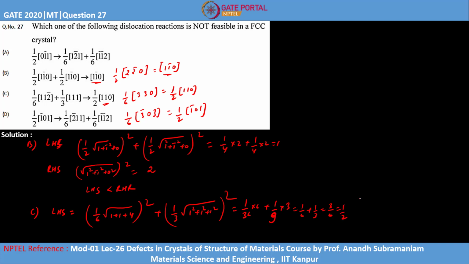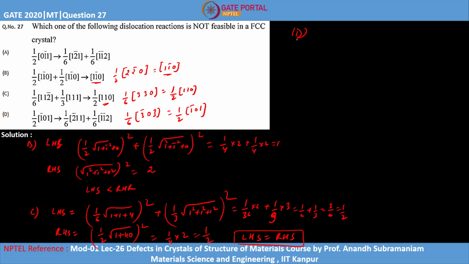And that is 1 upon 2. So for LHS we got 1 upon 2, right? And if you see the RHS, it will be 1 by 2 under root 1 square will give you 1, and 0 square will give you 0, and to the whole square. So it will be equal to 1 upon 4 into 2, which is 1 upon 2. So LHS is equal to RHS.